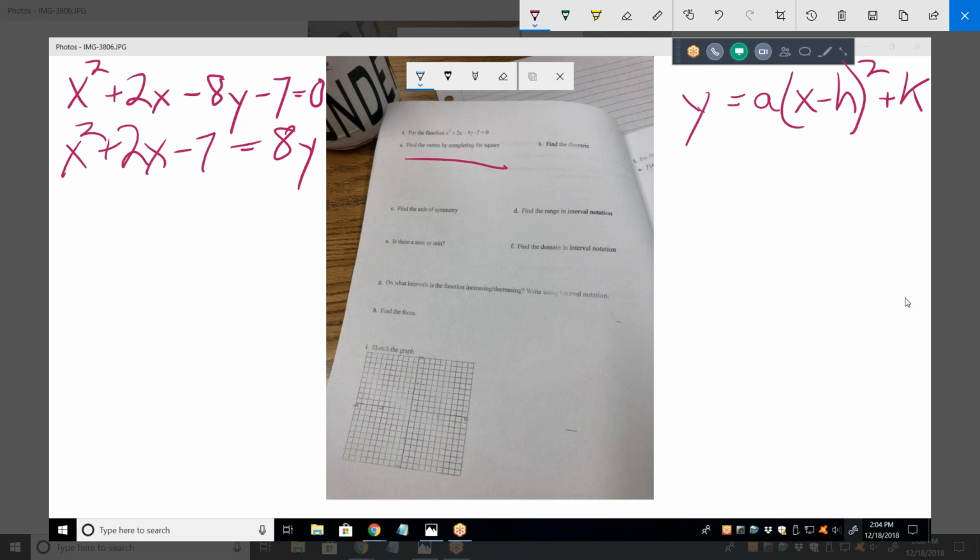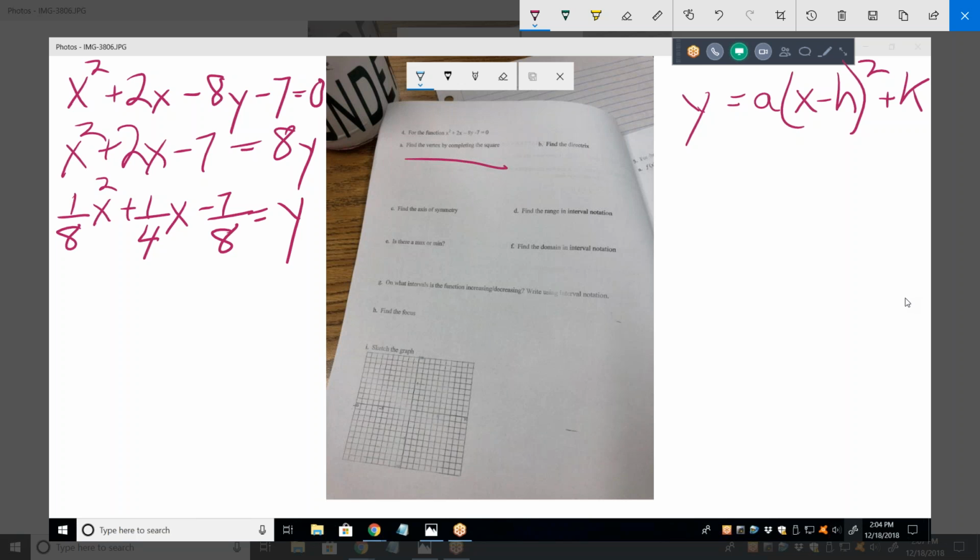And I'm going to divide both sides by 8. That's equal to y.